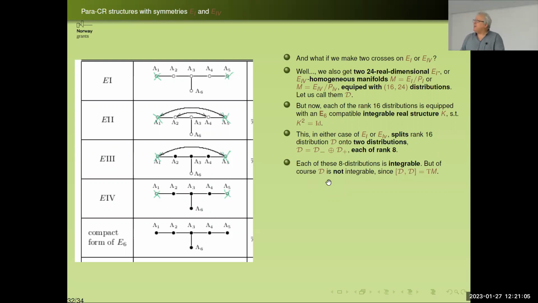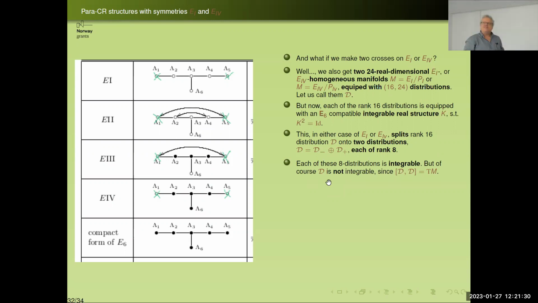But here we have K, so here our distribution, which is a 16 distribution in dimension 24, because of this K, splits into two integrable subdistributions of dimension 8. So I have my 16 distribution, which splits into two 8 distributions, and the commutator of these distributions produces a part which is again 8-dimensional.